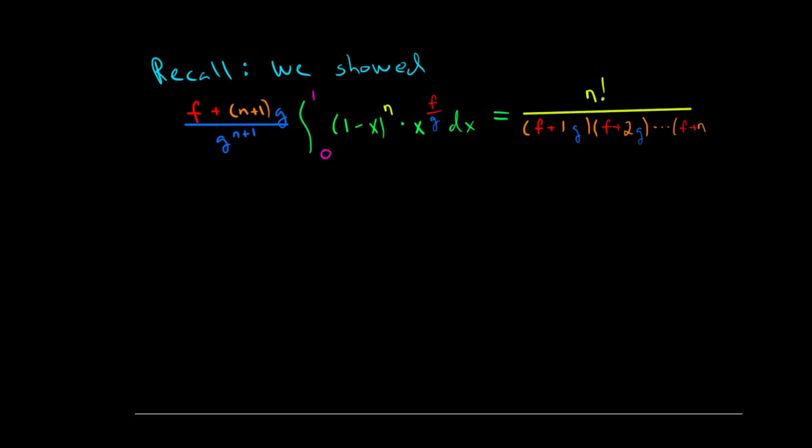This is the step we reached before trying to let f equal 1 and g equal 0 and getting n factorial on the right-hand side, but those indeterminate forms on the left hand.